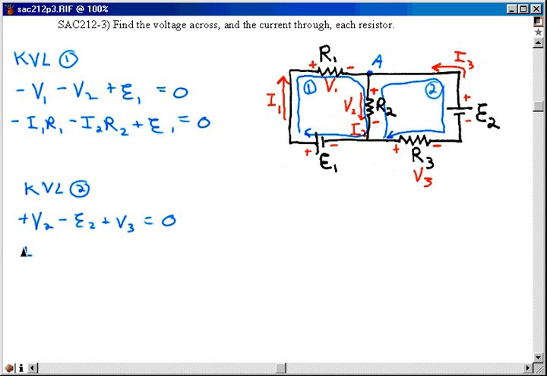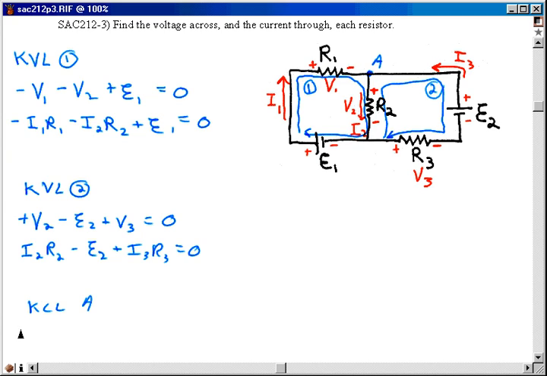Or replacing the voltages with IRs, I2 R2 minus E2 plus I3 R3 equals 0.